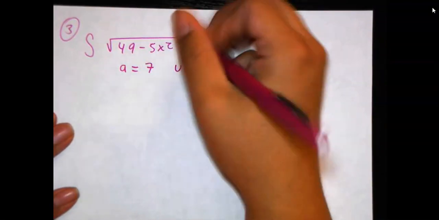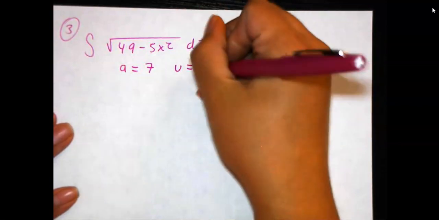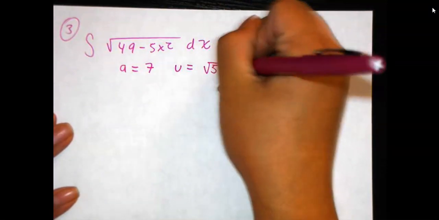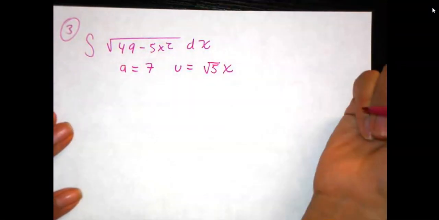My a, which is my number, will be 7, because 7 squared is 49. My u, well, I need to square root it. The square root of 49 is 7. So it's going to be the square root of 5, and the square root of x squared is x. So what formula am I going to use?